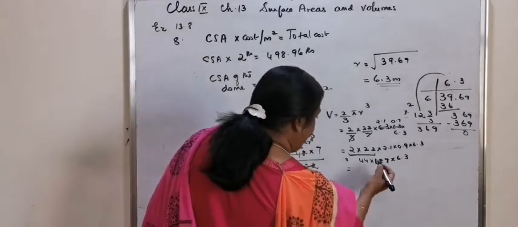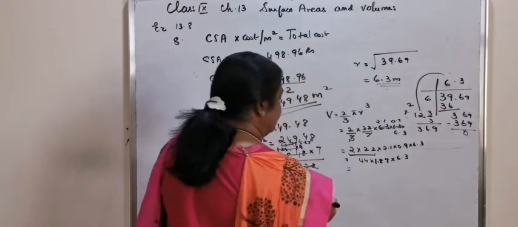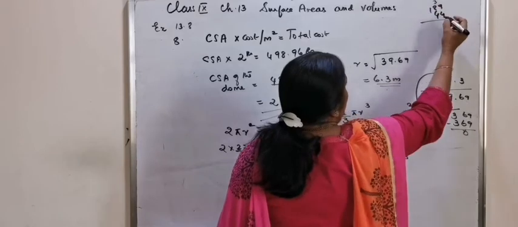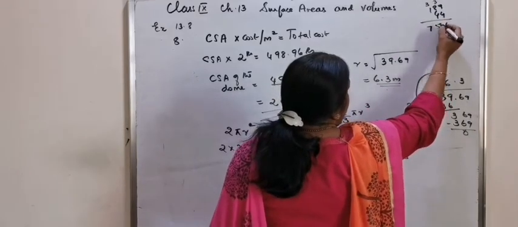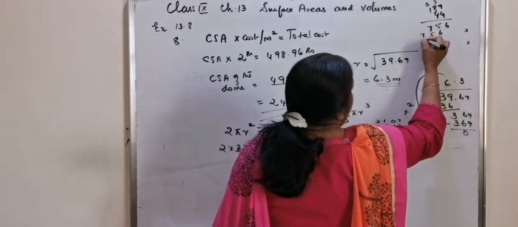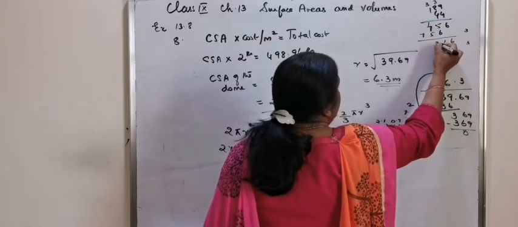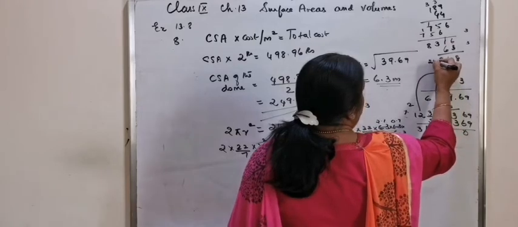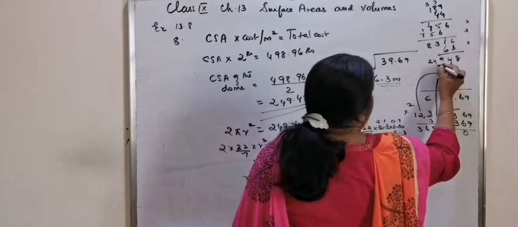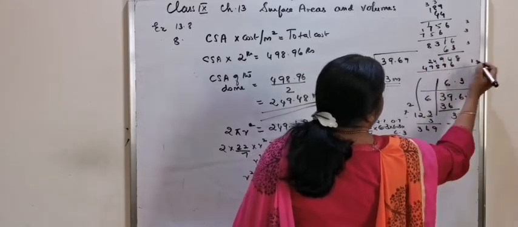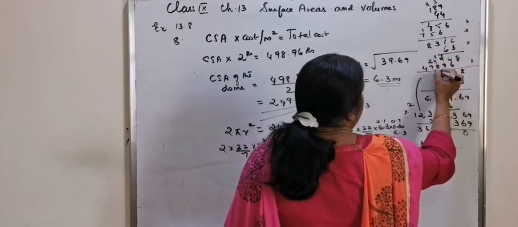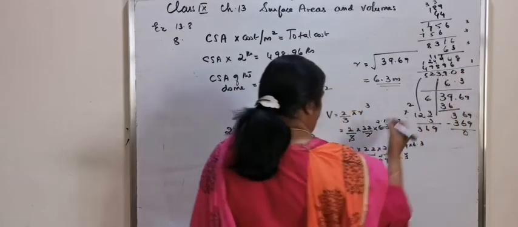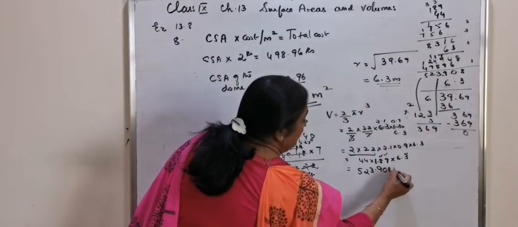Multiplying, with decimal places 1, 2, 3, we get 523.908 meter cube.